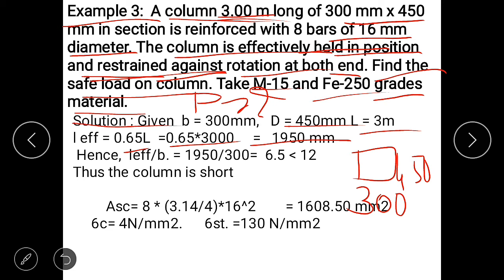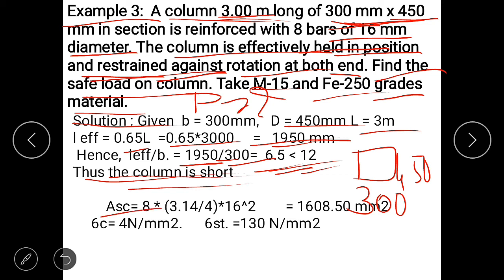L effective we calculated as 1950. The least dimension: one dimension is 300 and the second is 450; whichever is less, 300 mm, we take. So the ratio is 6.5. 6.5 is smaller than 12, so this column is a short column.